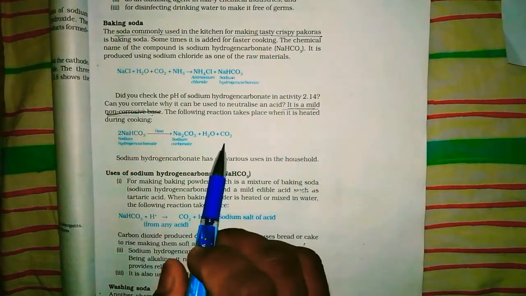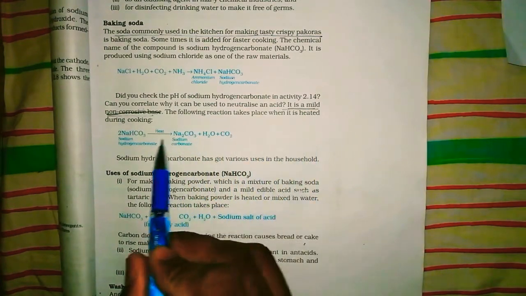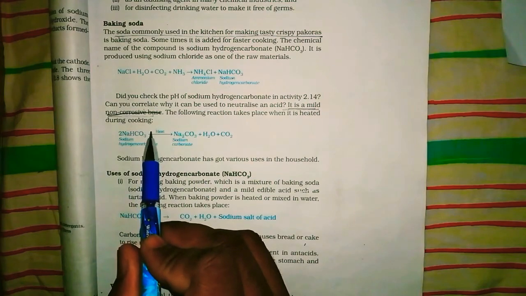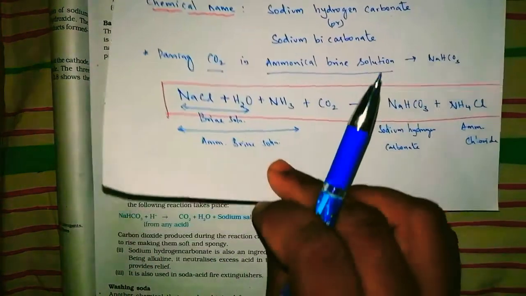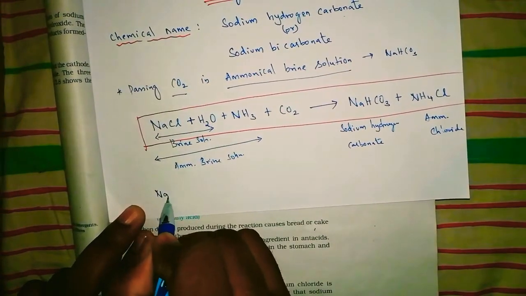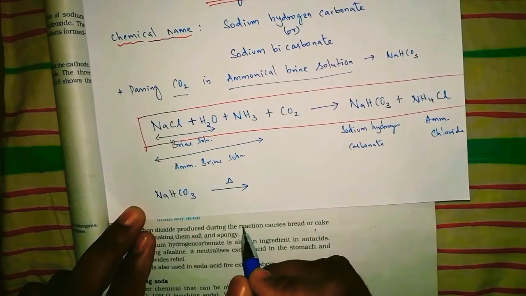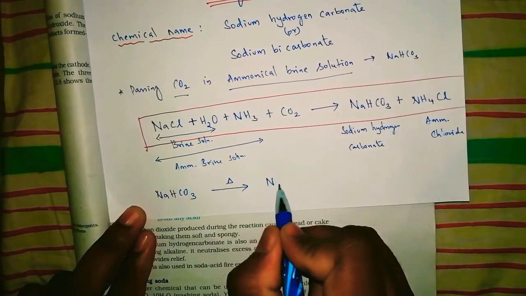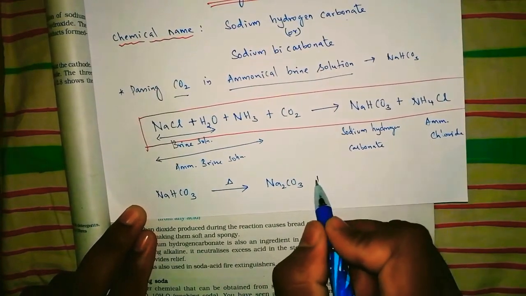The following reaction takes place when it is heated during cooking. What is the reaction that takes place when it is heated? Let's see that also. When we heat sodium hydrogen carbonate, we are going to get washing soda, Na2CO3, plus H2O plus CO2. This is another important question.